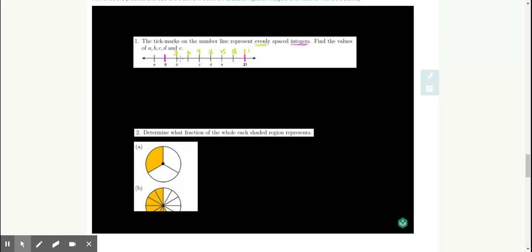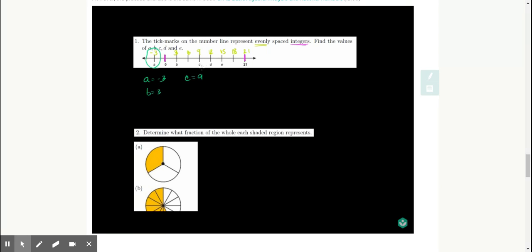And the way I figured that out, I said 7 tick marks gets us to 21. 21 divided by 7 tick marks is 3. So each of those increment by 3. So this goes to 0. And then this must be 3 to the left of that. So it's negative 3 right there. So what are A, B, C, and D? A is -3. A is equal to -3 right there. That's a 3. B is equal to 3 right there.